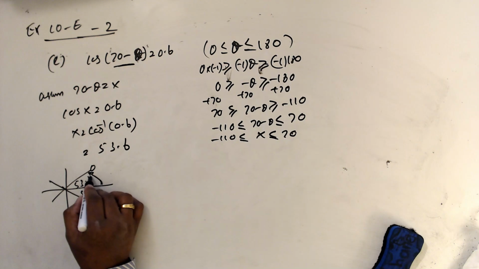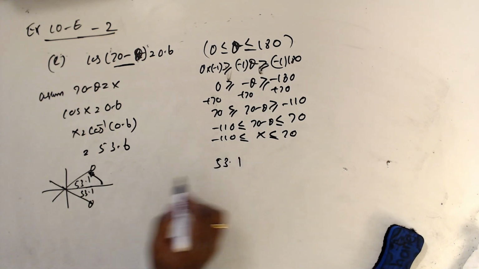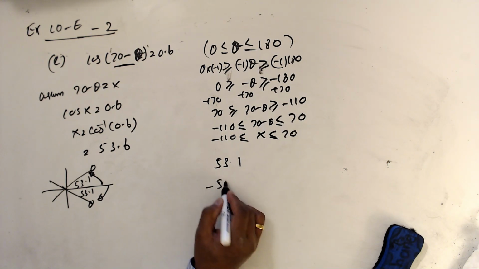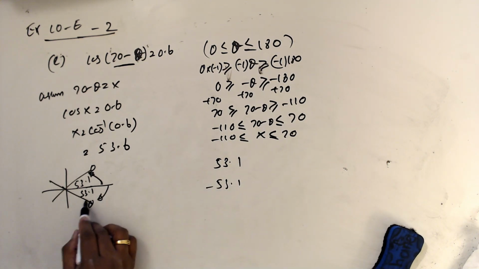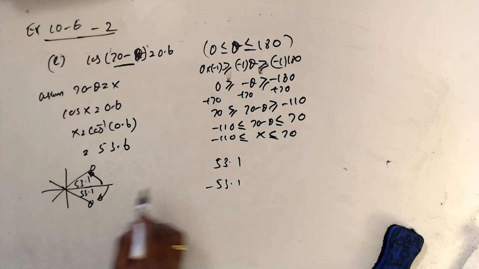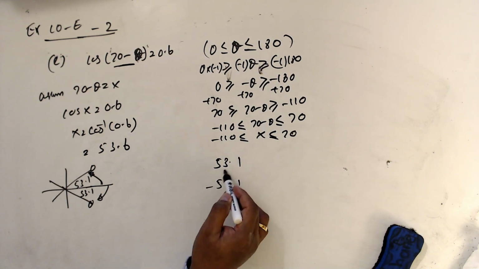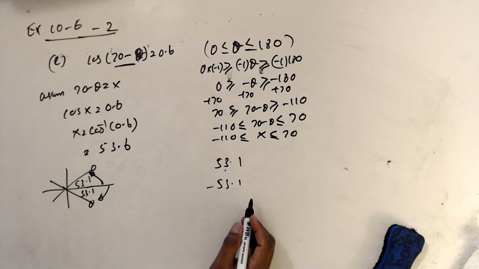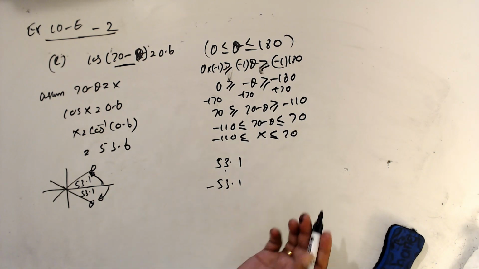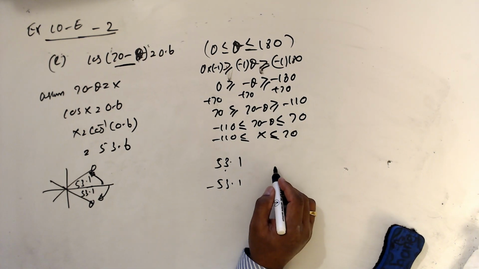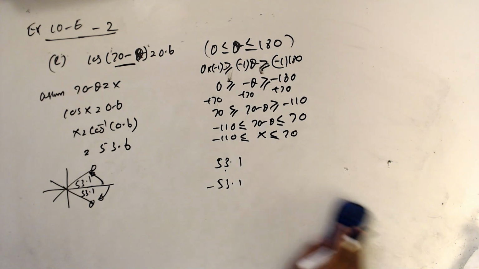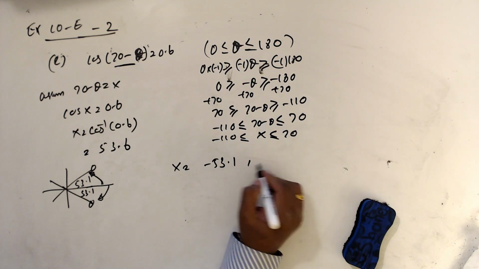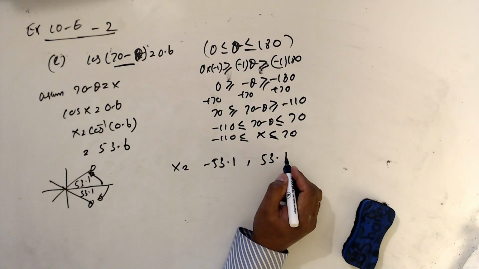If I go this way, 53.1. If I go this way, minus 53.1. Both are right, because minus 53.1 is also in the range. After that, if I go 360 up and down, it is going to be out of the range. So I will stay with this one. So x equals minus 53.1 and 53.1.